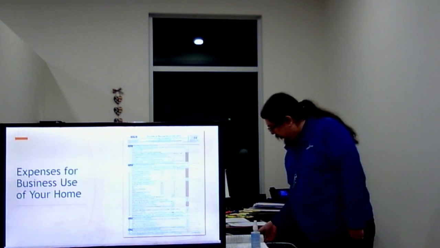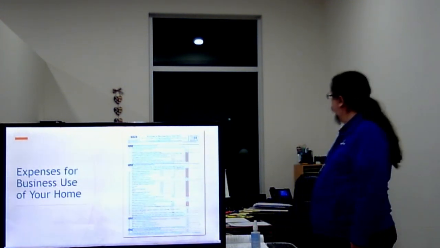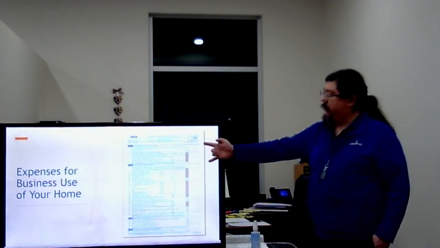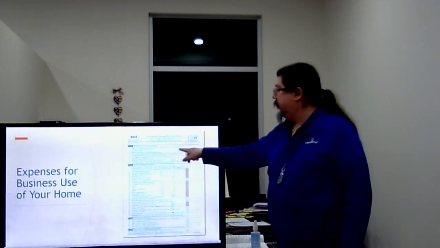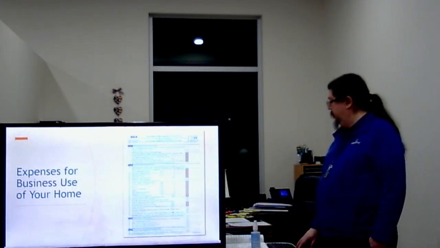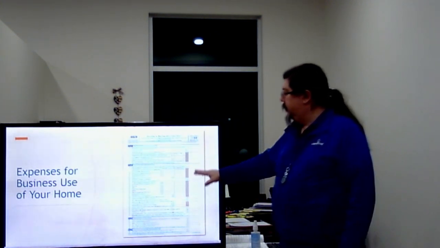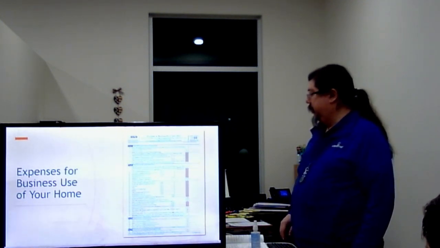This is on page 400. The top section is where you compute the percentage. Lines 4, 5, and 6 you only use for daycares. And then Part 2 is where you figure out how much of your deduction is allowed.